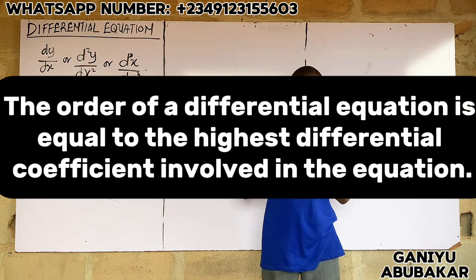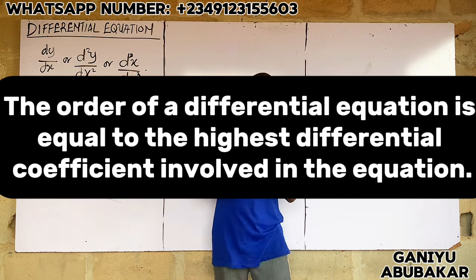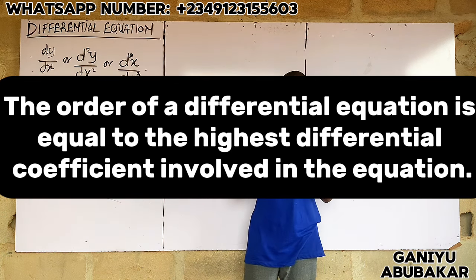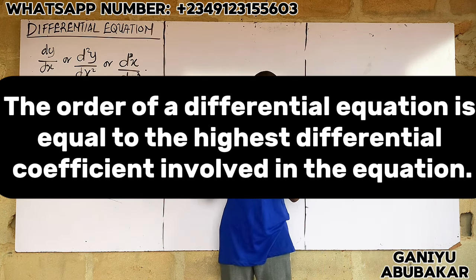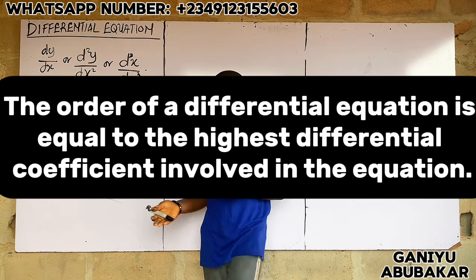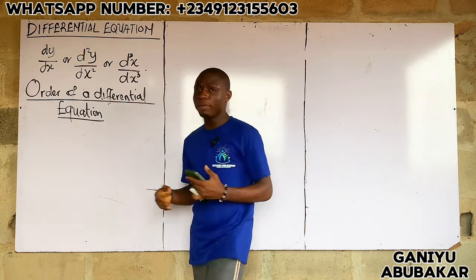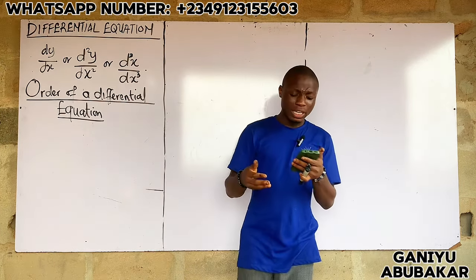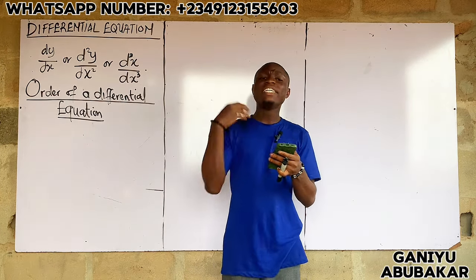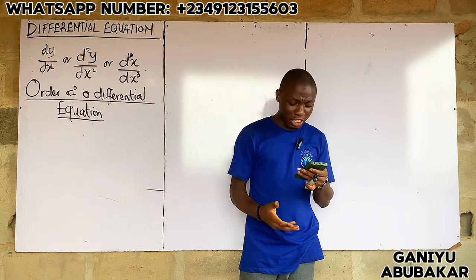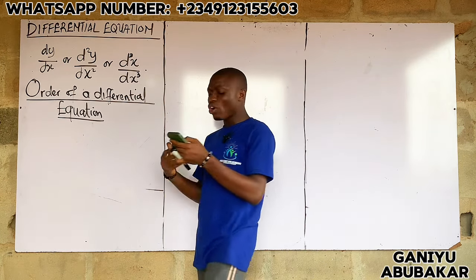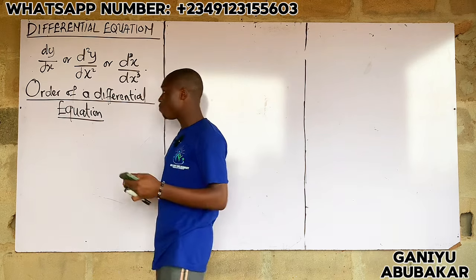The order of a differential equation is equal to the highest differential coefficient involved in the equation. So when I say the order of a differential equation, it means the highest differential coefficient, right?